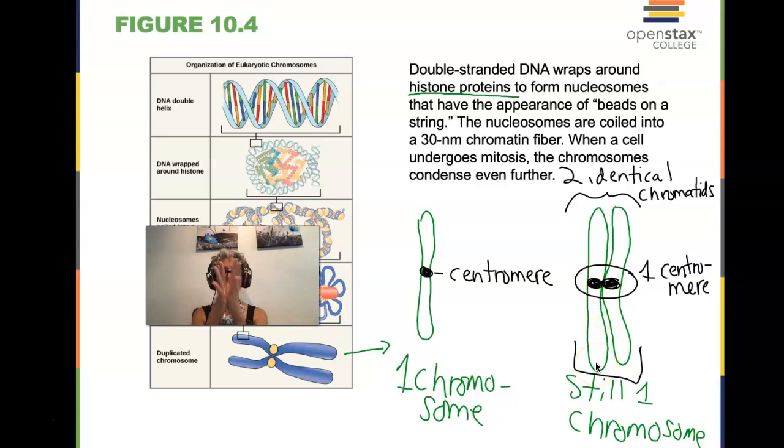And it's there and stuck at its centromere only until we complete cell division and it pops apart. And then one of those chromatids goes to one cell and one goes to the other, and now they're separated and are back to being called chromosomes. So in order to know how many chromosomes are present, you count the centromeres. The number of centromeres will tell you how many chromosomes are present.